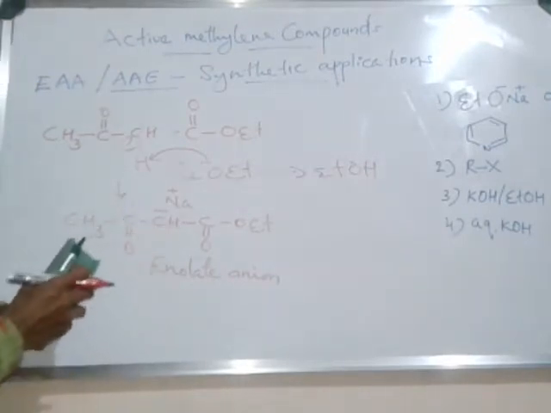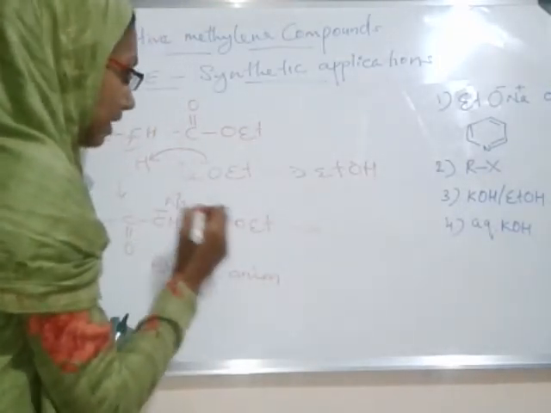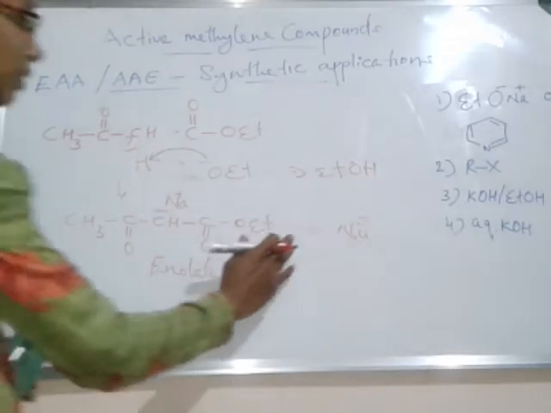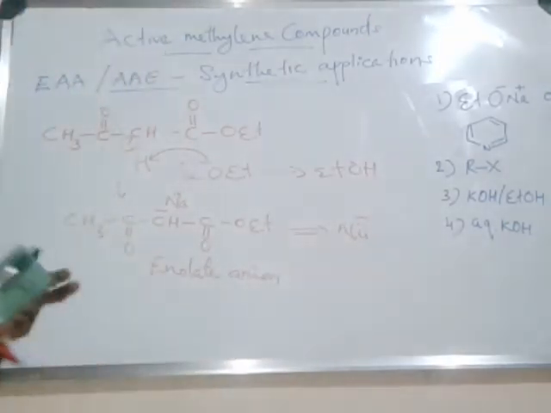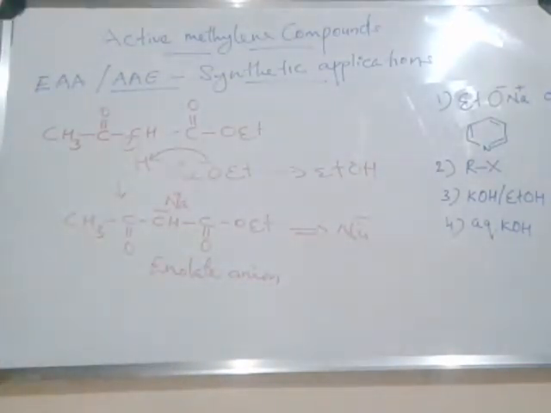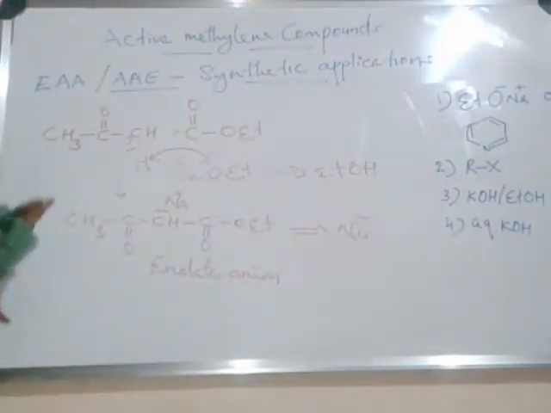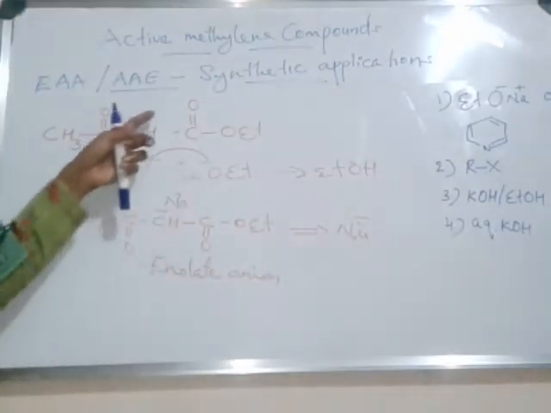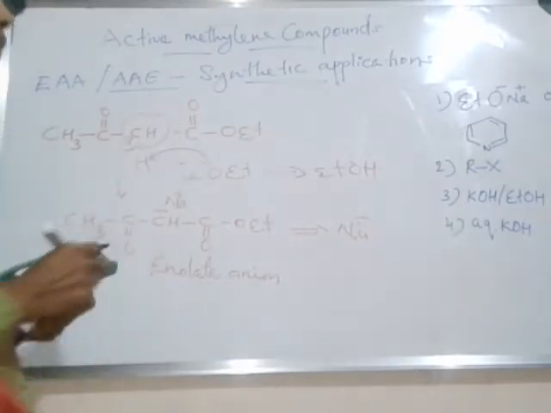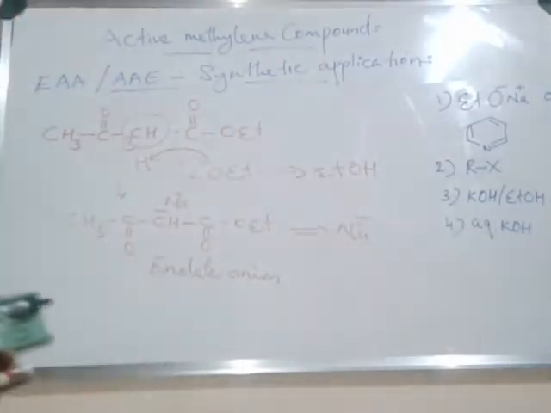This enolate anion acts as a strong nucleophile, and it is able to react with electrophiles or electron deficient compounds, and we can get a large number of products depending on the electrophile that we use. So the first step is to make this methylene carbon active for a reaction. So we can use a base like sodium ethoxide or pyridine.